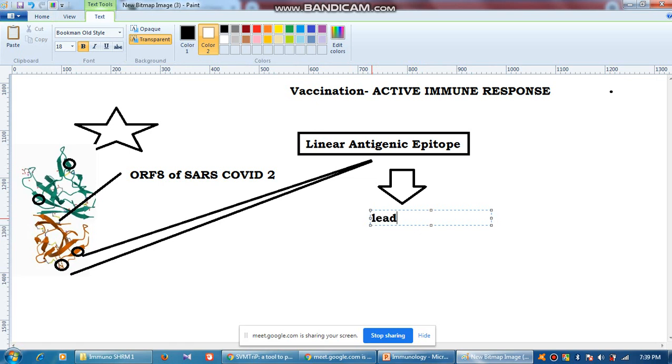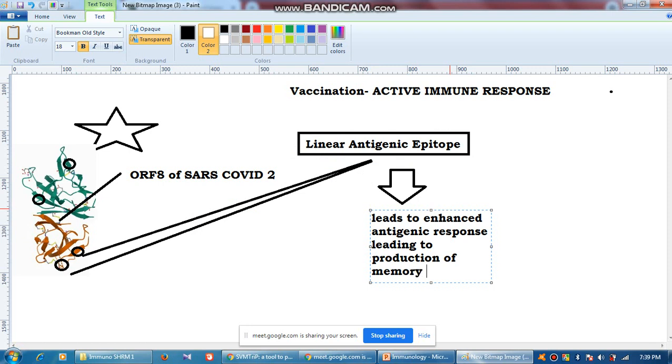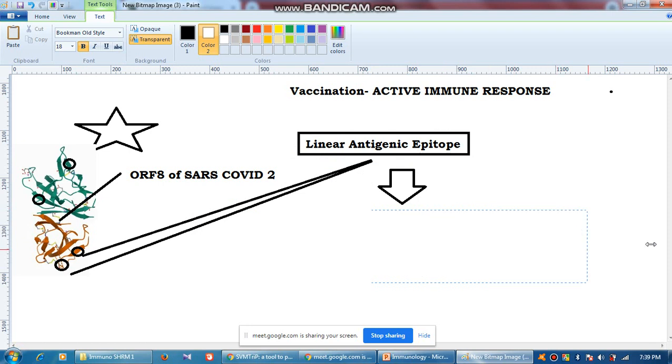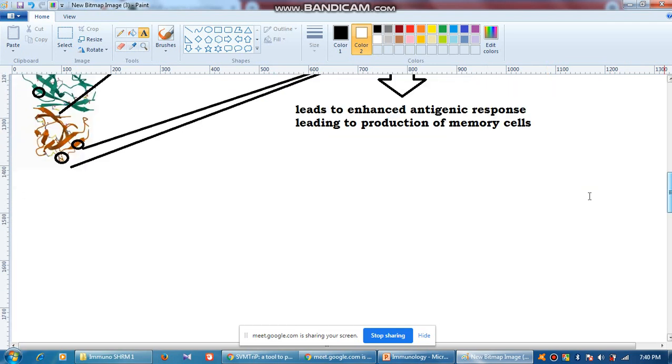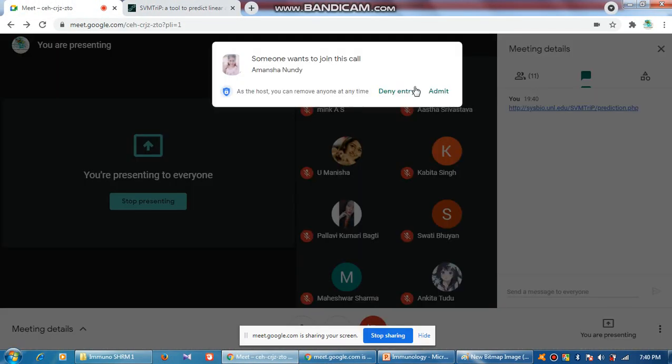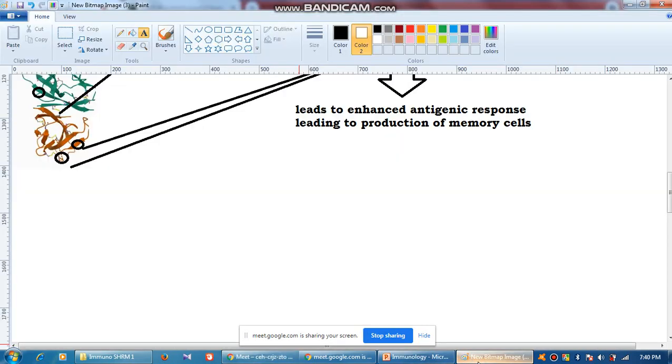This leads to an enhanced antigenic response, leading again to the production of memory cells. Okay? Understood?